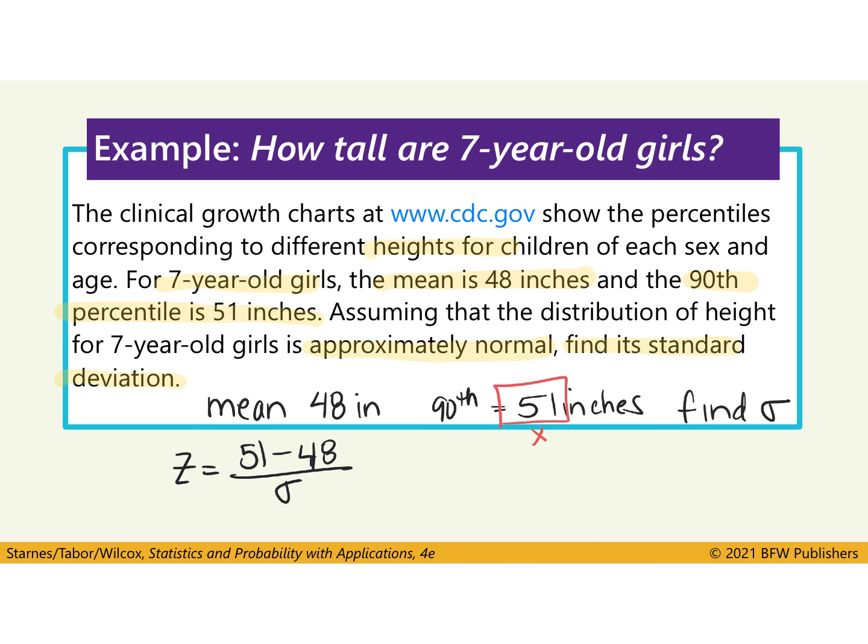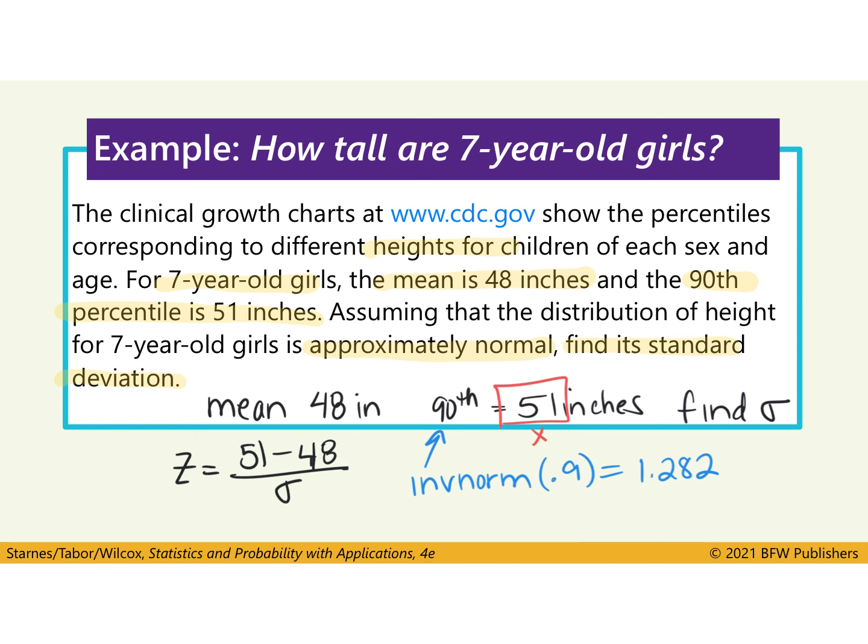Sometimes I think it's helpful to plug everything you know into the equation and be like, okay, what am I finding? I'm finding sigma, that's what it asked for. So what do I need? I need the z-score. What in the problem is giving me what I need to find the z-score? The 90th percentile, right? So that's again inverse norm 0.9, which is 1.282.